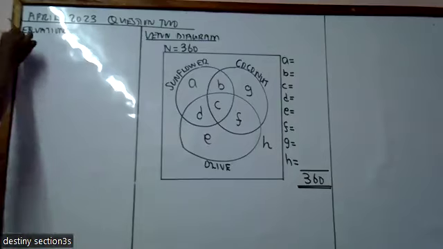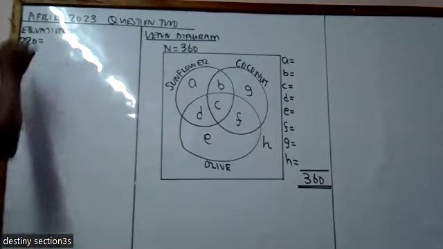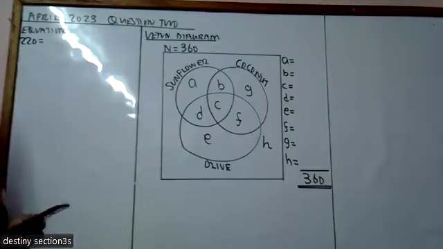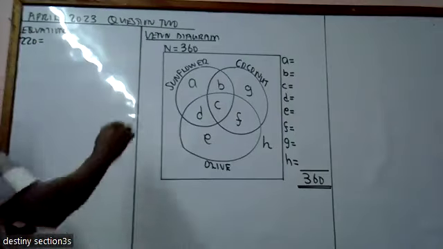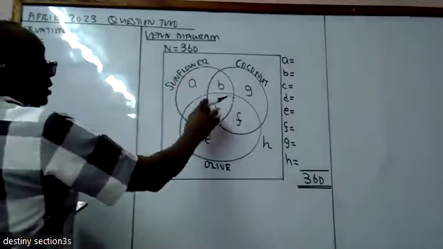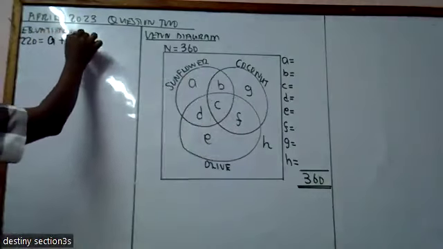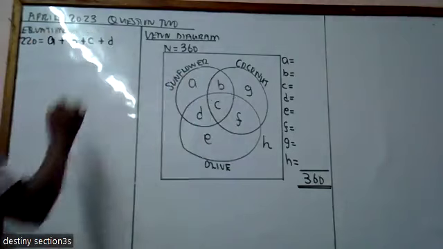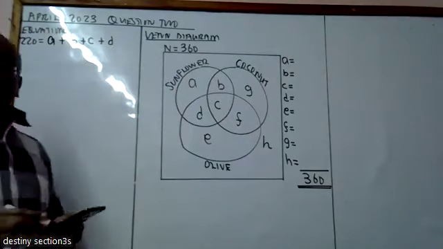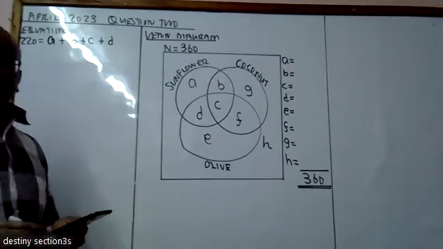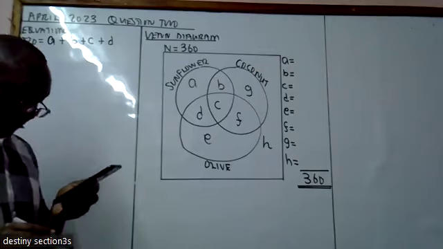So you say 220 is equal to everyone who is inside the sunflower. That is A, B, C, D. So it will be A plus B plus C plus D. That is sunflower.